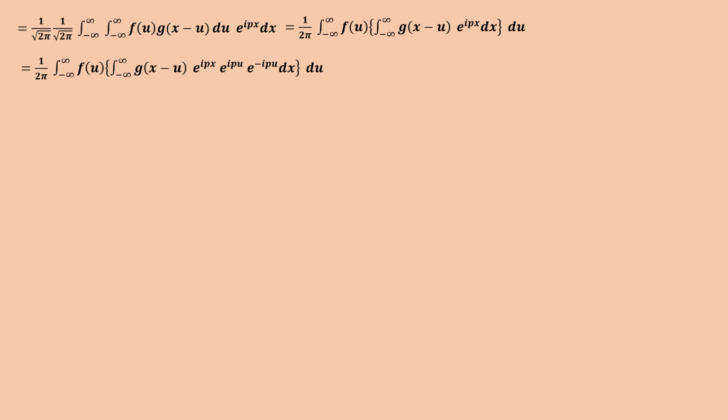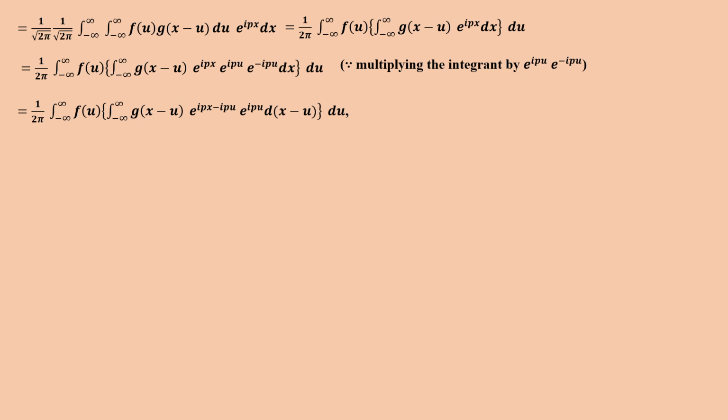Now in the inside integral, that is the integral with g of x minus u, we are multiplying e power i p u and e power minus i p u, because we know e power 0 is 1, and 0 can be written as i p u minus i p u. So we multiply e power i p u into e power minus i p u, that is, we are multiplying with 1, so there will be no change.